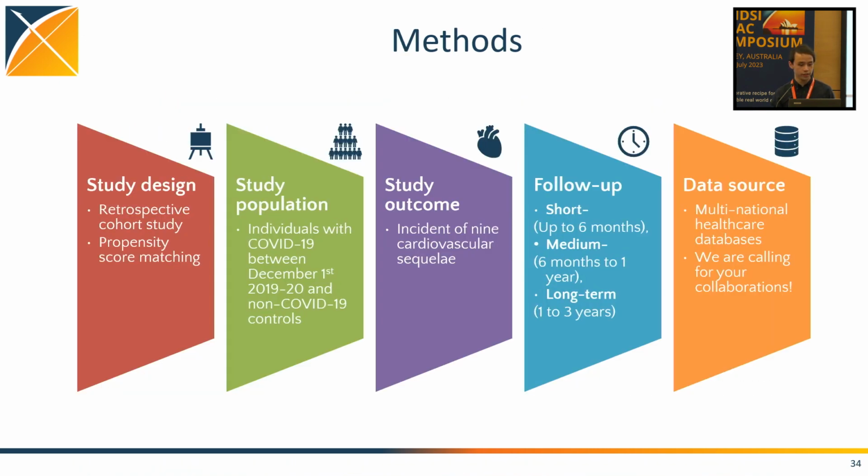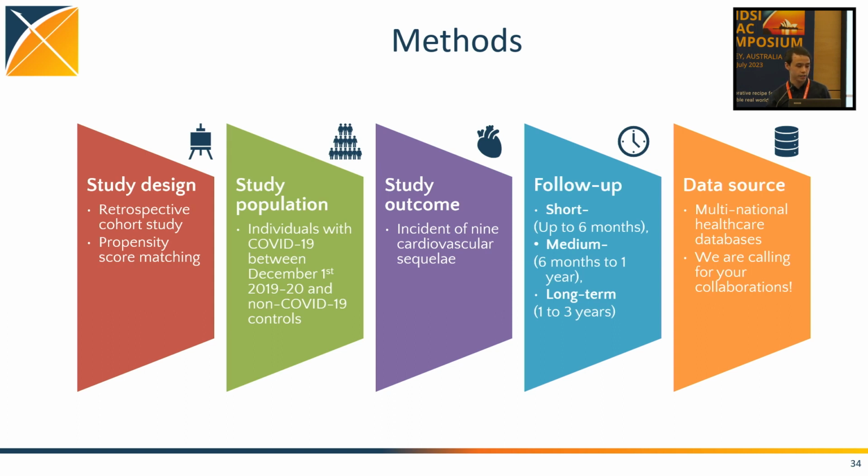In terms of the study design, it is actually fairly simple. This is a retrospective cohort study. We aim to match the two study cohorts, which comprise individuals with and without COVID-19 between the 1st of December 2019 to 2020.